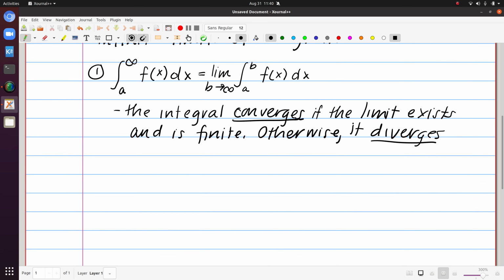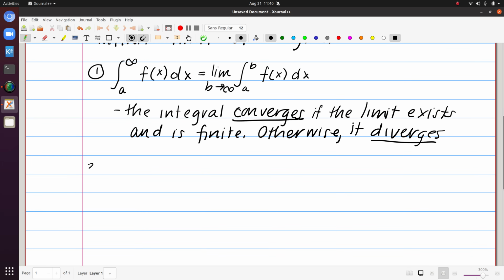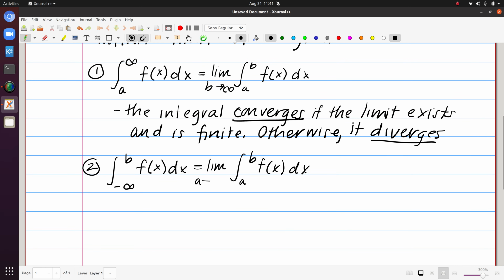So a similar type of integral is if we were instead to integrate from minus infinity to some fixed constant b. And the same kind of approach, we would integrate from a to b, where a now is some placeholder. Our answer would depend on a, and we could send that a value to minus infinity.